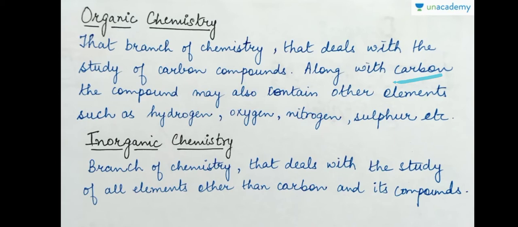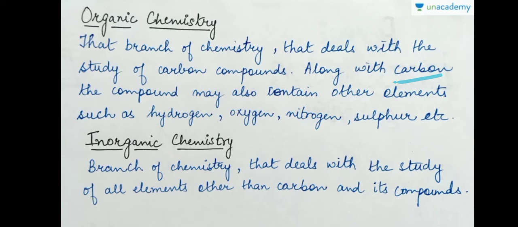A separate branch has been made only for carbon because carbon forms a part of the majority of living matter present on the earth, and also the number of compounds of carbon is so huge that it becomes necessary to create a separate branch for this element.